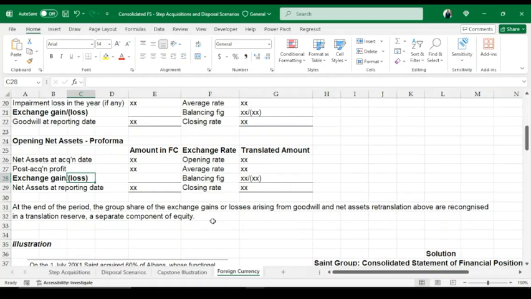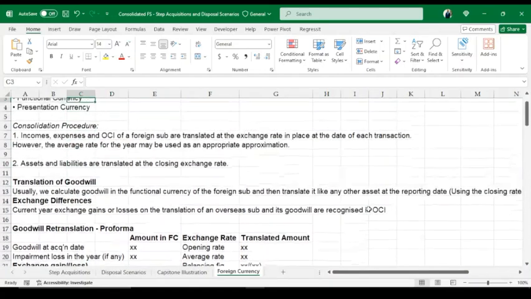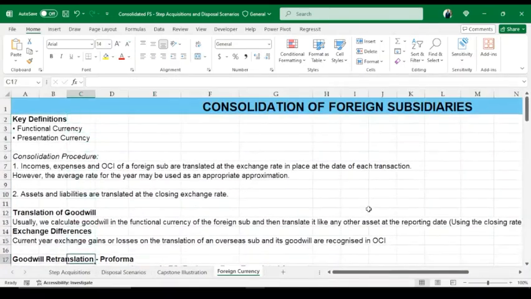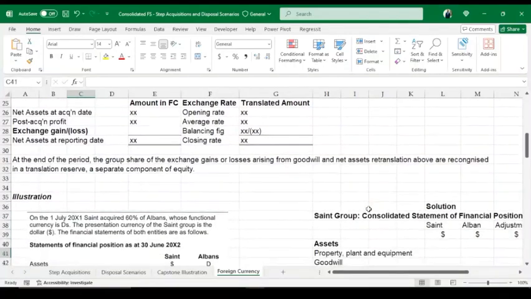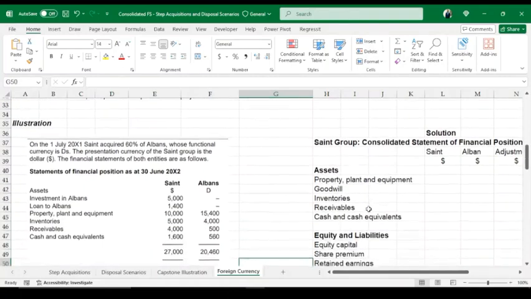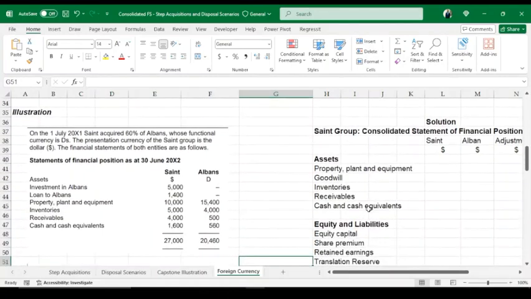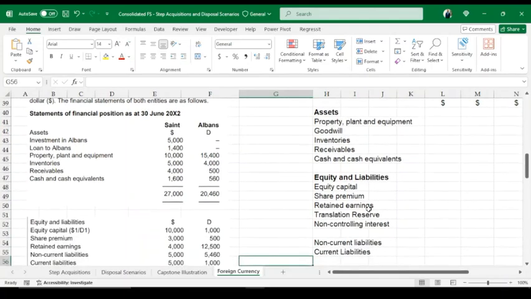So this is what you need to know when it comes to the translation of foreign subsidiaries in consolidated financial statements. Now you are going to take an illustration, a full-blown question, and then you are going to see how we do this in practice.